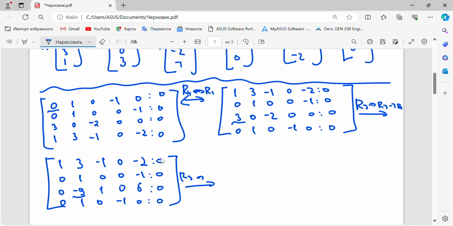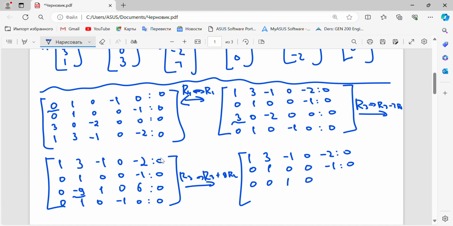So R3 is R3 plus 9R2. So it's 0 here, minus 9 plus 9, 0, 1 plus 0, 1, 0 plus 0, 0, 6 minus 9, it's minus 3.